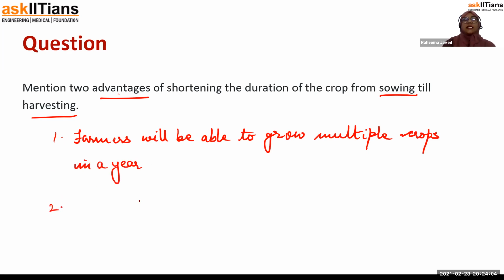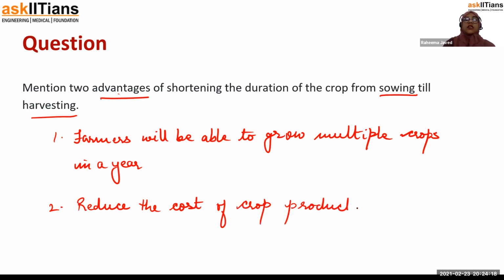Second reason is that it will reduce the cost of crop production, which is very important. Thinking about the condition of farmers in India, it is very important for reducing the cost, and also it is a good thing for ensuring sustainable agriculture.